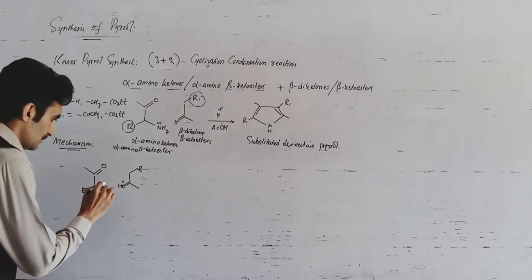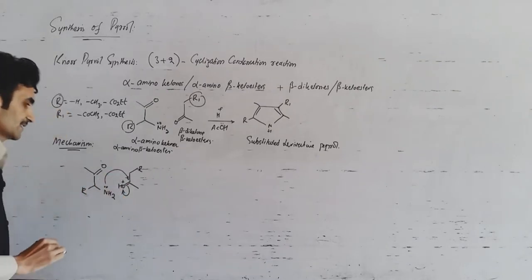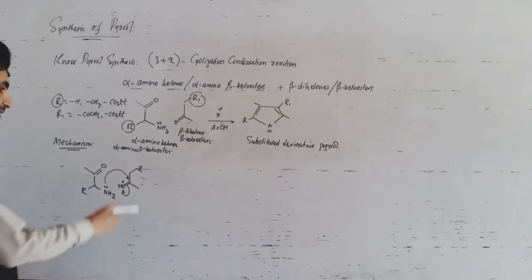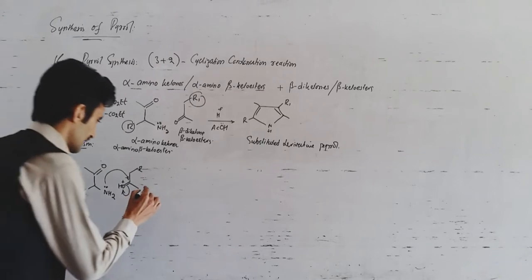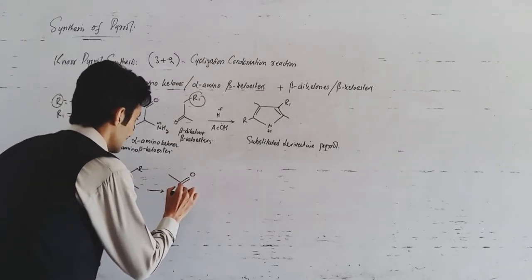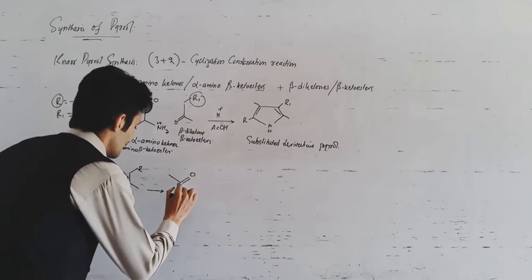This is a nucleophilic addition. Basically, our carbonyl group is usually protonated in order to make it more reactive. In other words, we make the carbonyl carbon more electrophilic in character. So this is the first step, which involves nucleophilic addition of alpha amino ketone to beta diketone.